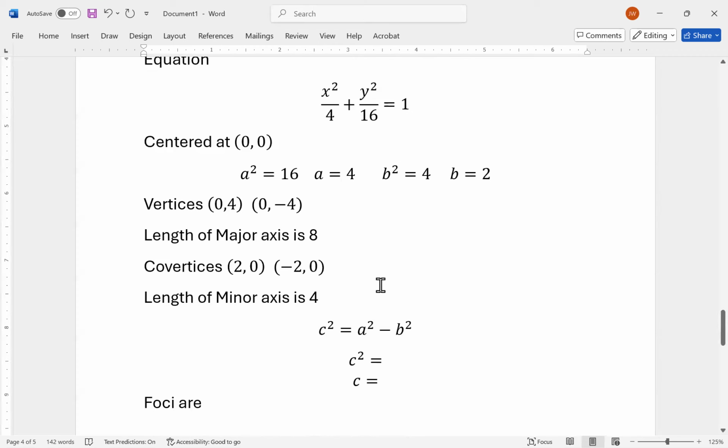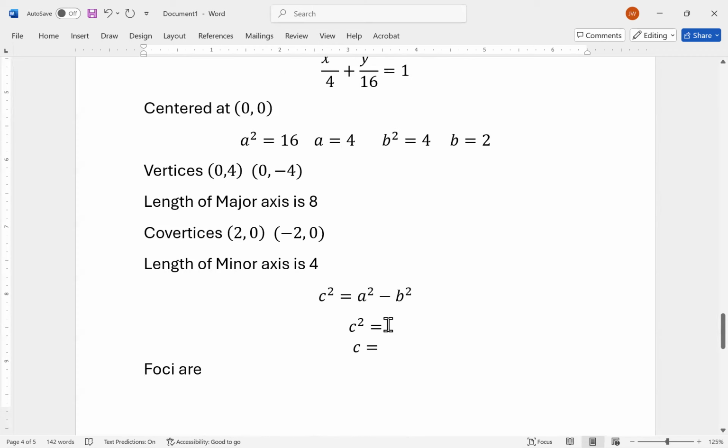And then we can find the foci. Use the c squared equals a squared minus b squared formula for finding the c because this is an ellipse. C squared would be equal to 16 minus 4, which is a 12. So c is the square root of 12.